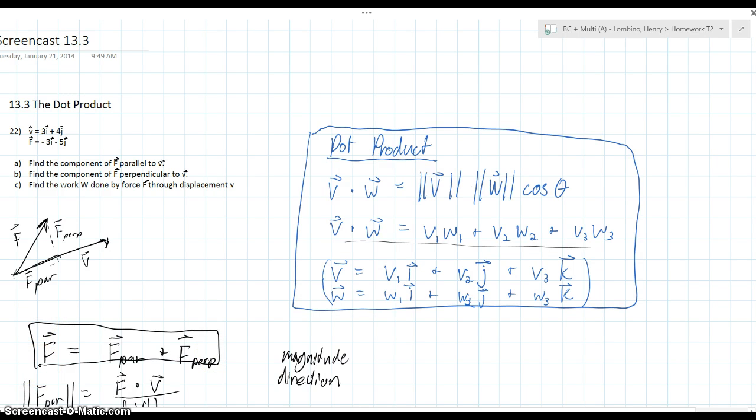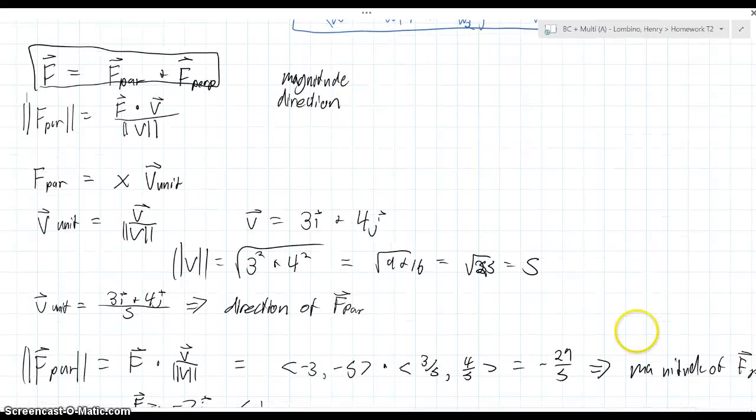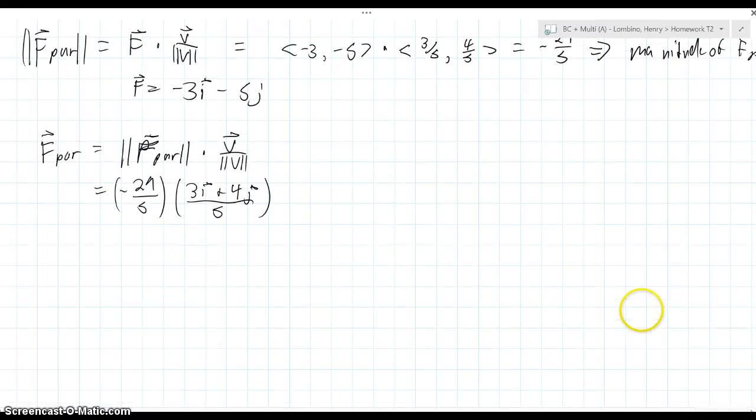Vector f equals vector f par plus vector f perp. So we can solve pretty easily for f perpendicular.